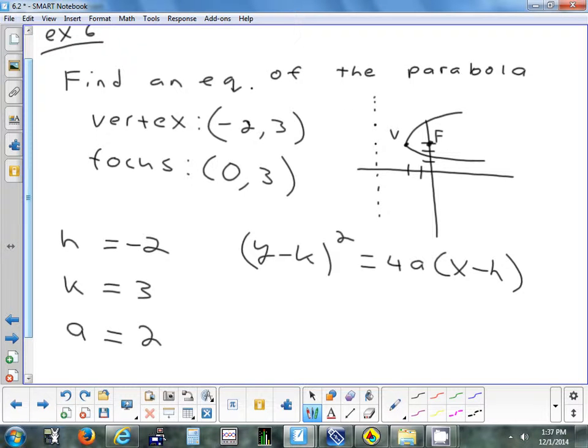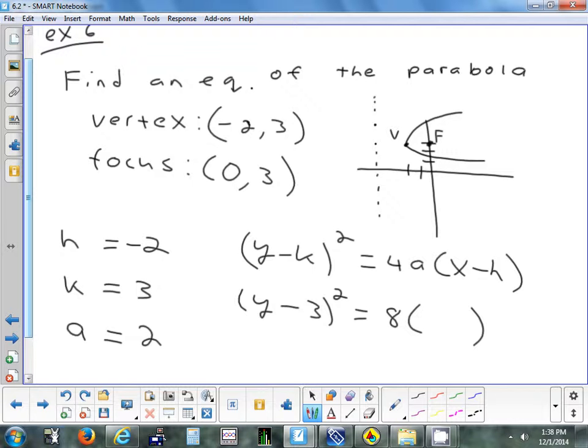So let's start with k. It's y minus k, which is 3. 4 times a will give me how much? 8. And what am I going to put in parentheses? What's x minus h?